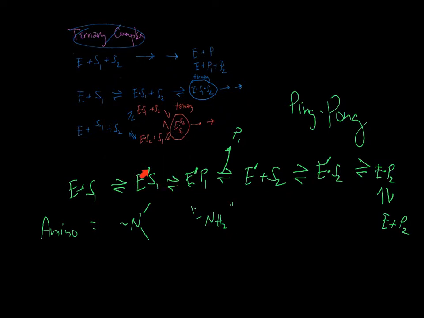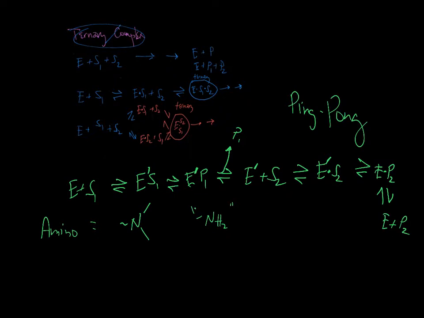That's why that'd be the prime there in this example. So now it's called the keto acid, and the keto acid would leave. The group that's going to be getting the amino group comes in, binds to the enzyme that already has an amino group, and then the enzyme gives the amino group to that group. So now it has the amino group, and then it leaves, and you have the original enzyme back.